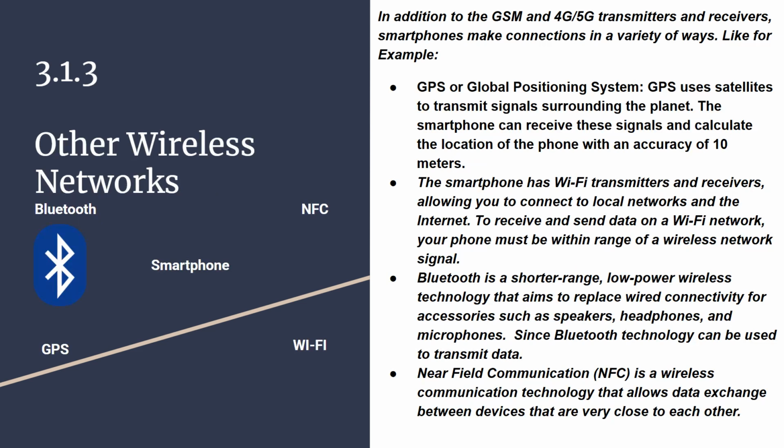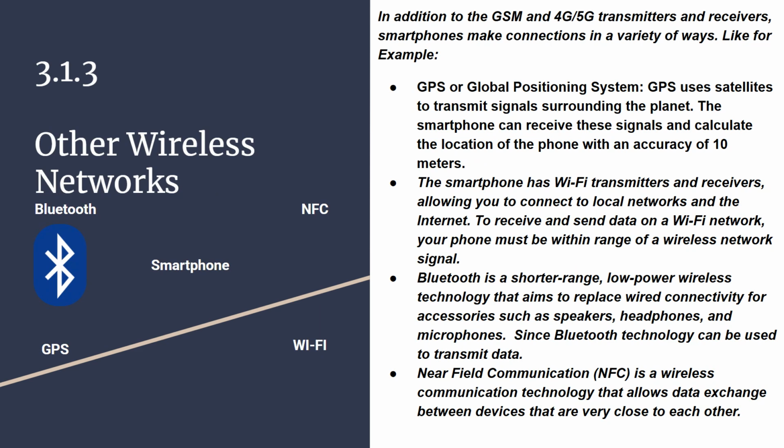GPS uses satellites to transmit signals surrounding the planet. The smartphone can receive the signals and calculate the location of the phone with an accuracy of 10 meters.